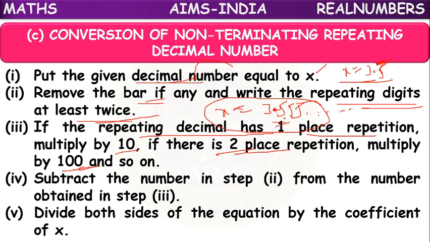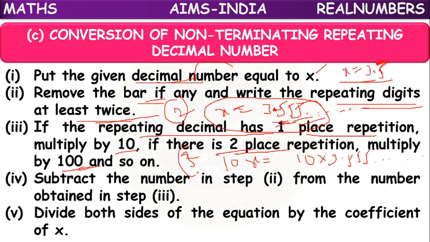Only one decimal is repeating, so both sides we have to multiply with 10. If two places are repeating, by 100. If three places are repeating, by 1000. So let's multiply 10 into x, 10x, and 10 into 3.555 and so on.